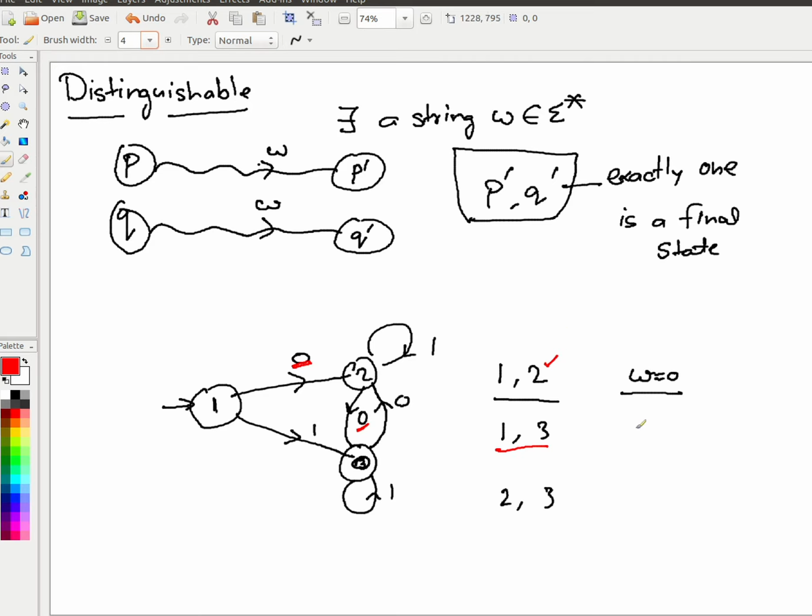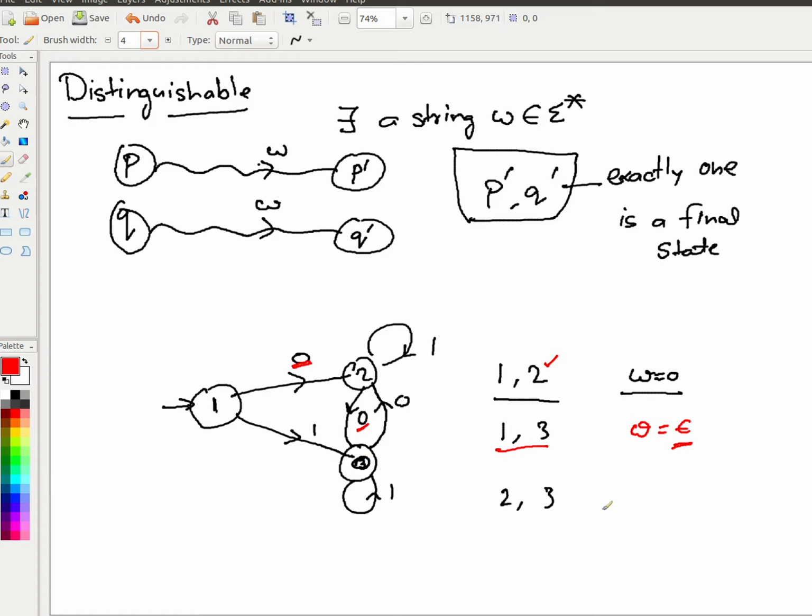If you take w equals epsilon, that is also a string. Epsilon is an empty string, but it's a string. If you take epsilon, this is the smallest string that you can test. 1 remains at 1, 3 remains at 3. 1 is a non-final and 3 is a final. So what we get from here? A tuple of a final and a non-final state is always distinguishable with the counter string epsilon.